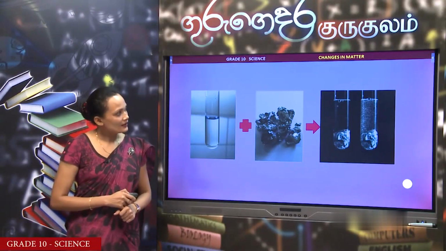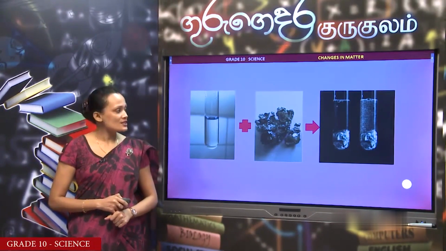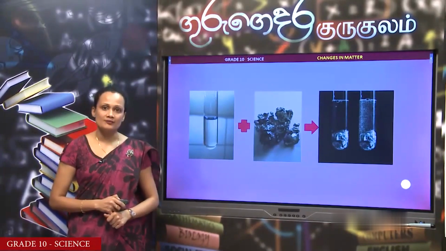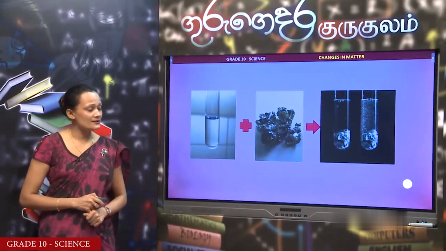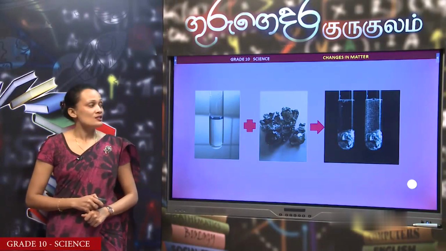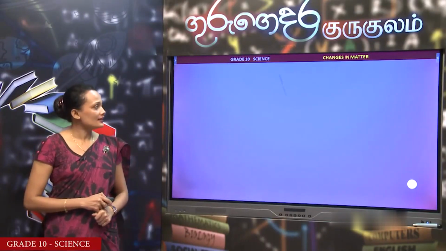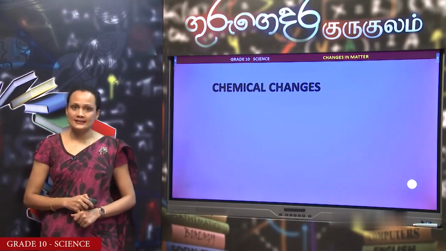You can see that gas bubbles evolve in the test tube containing the sulfuric acid. That means a new substance is formed. One is the gas, and also zinc is dissolving there. That's why the reaction between zinc and sulfuric acid is also another example of chemical change. So likewise, if we get chemical changes, look at some other examples of them.